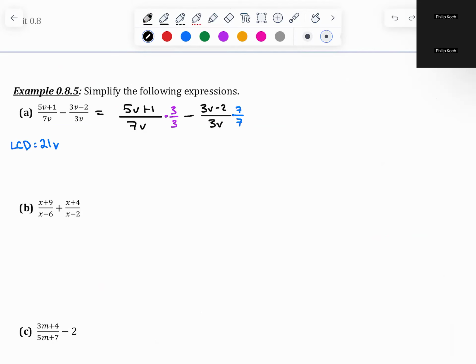They will both have a denominator of 21v. So I can now combine them. And this is going to be 15v plus 3, parentheses, minus 21v minus 14, all divided by 21v. Take a second to make sure you understand where everything came from.